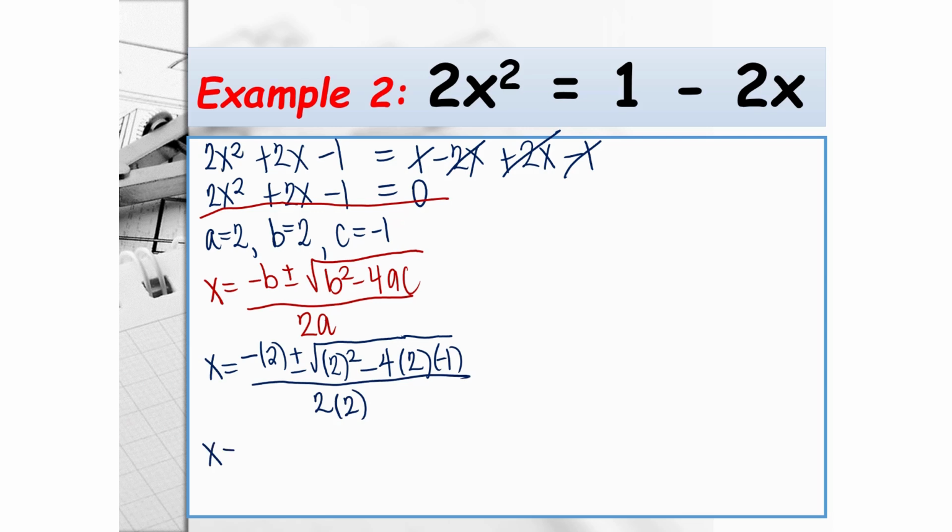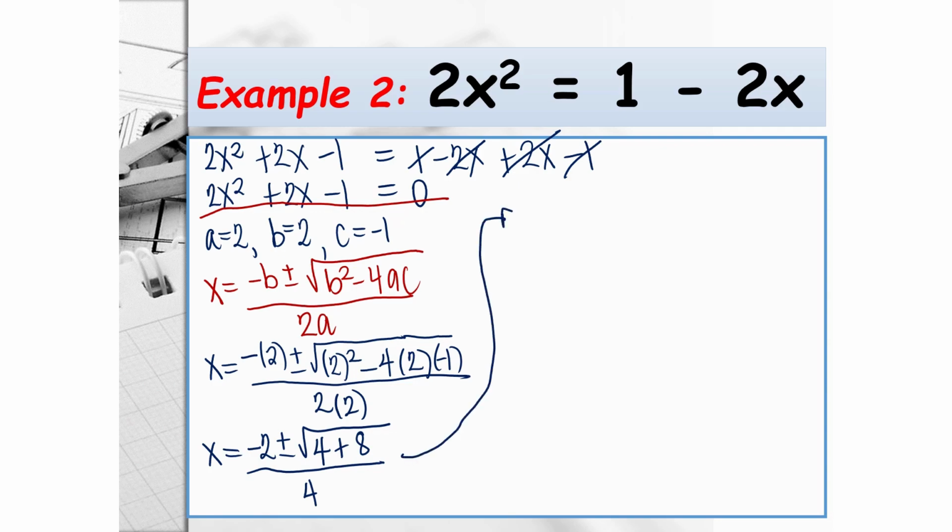So, x equals negative times positive 2 is negative 2, plus minus square root of 2 squared is 4, and then negative 4 times 2 is negative 8. Negative 8 times negative 1 is positive 8. So, plus 8 all over 2 times 2 is 4.